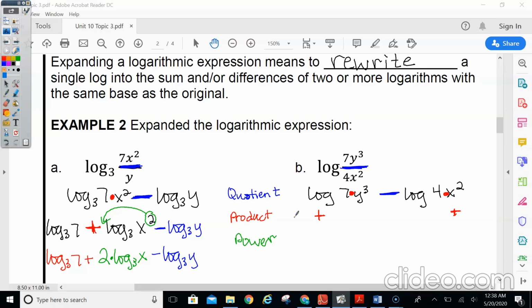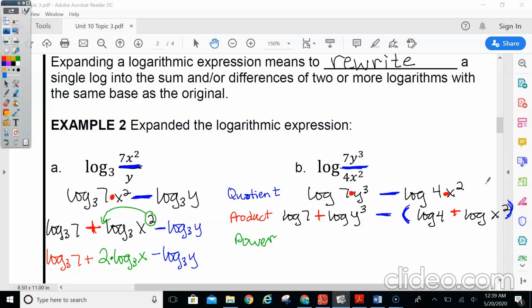So for the first one, it's log of 7 plus log base 10 of y cubed. That's where you have to be careful. So we know this one's going to split up into log 4 and log of x squared. But since you're subtracting these, there's actually parentheses around them, because both of these are being subtracted.